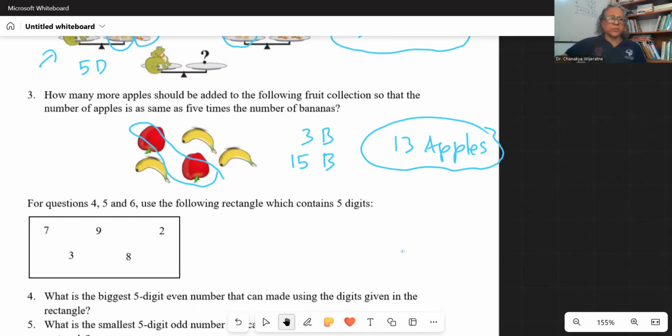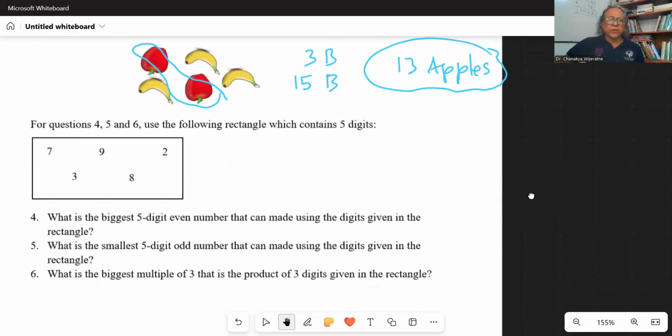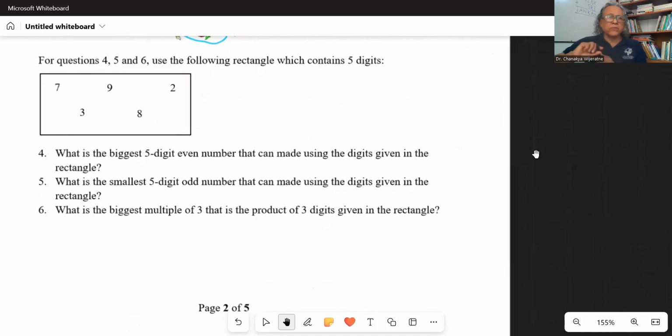So let's go to the next question, number 4. For questions 4, 5, and 6, use the following rectangle which contains 5 digits. Now, this is not something unusual. It's a collection of digits, and there are 5 of them.